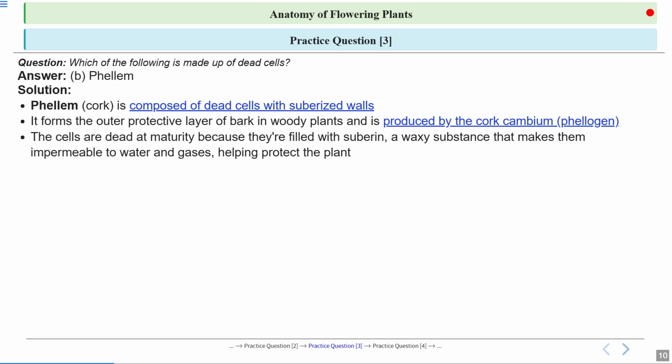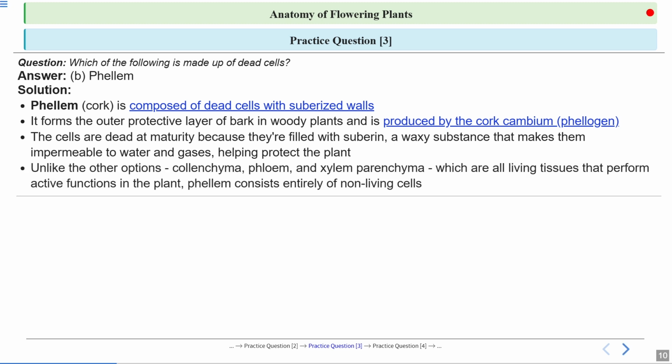They get suberized so that they could protect the plant. The inner tissue should get protection, but due to this, the cell that gets suberized itself becomes dead. But these dead cells are actually doing the function of protection for the plant.